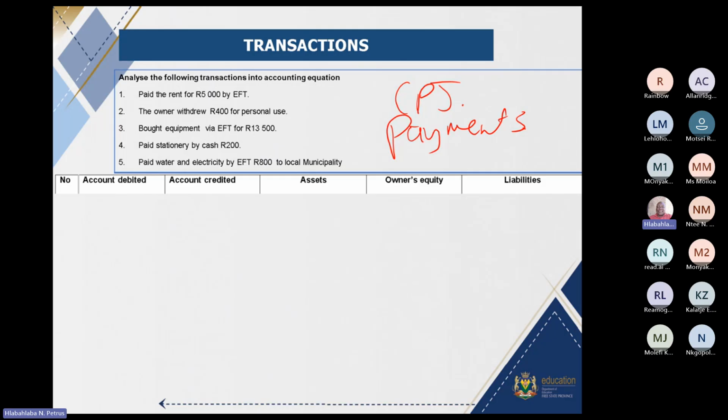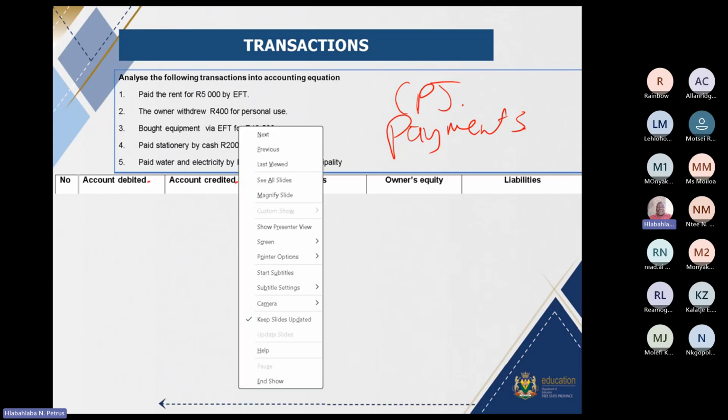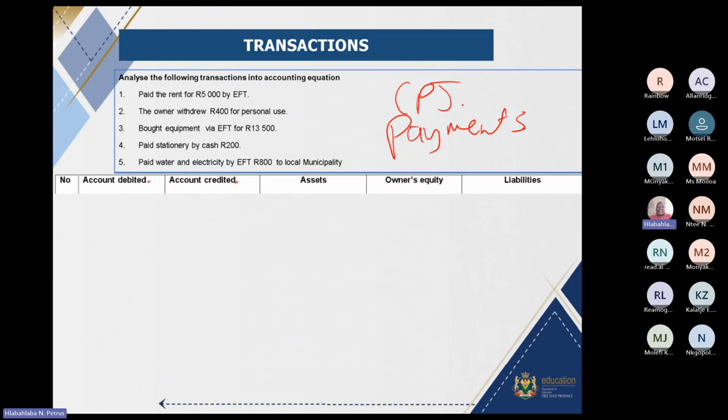We have to identify whether the other account is debited or credited. But when we deal with payments, bank will always go to the credit side. I repeat: when you pay, bank will always go to the credit side.